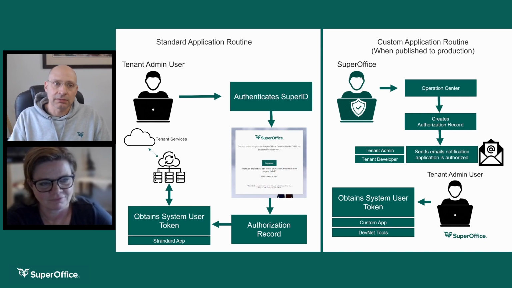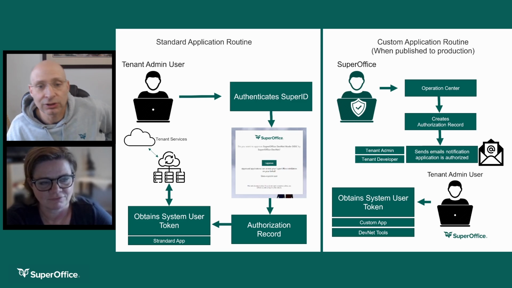Then the flow I've already demonstrated, to sign it, get back the signed version, exchange that for a system user ticket, and use that ticket in the web service calls towards that tenant, is identical. It's the same. It's just that there's a little bit of a manual process when it goes into production.